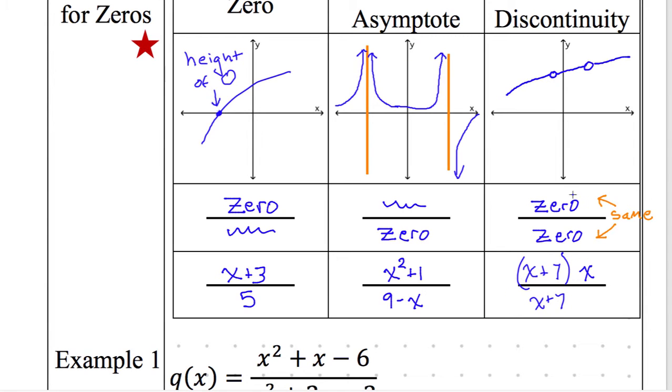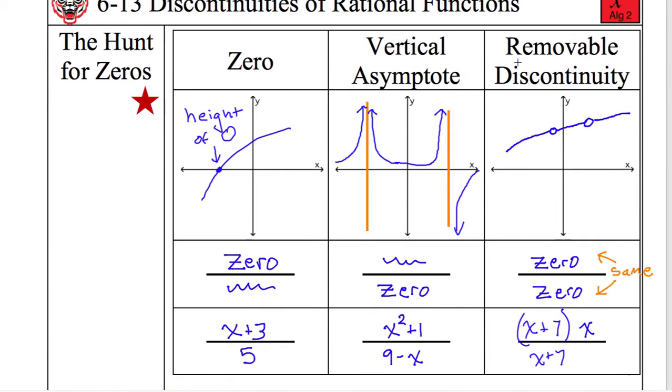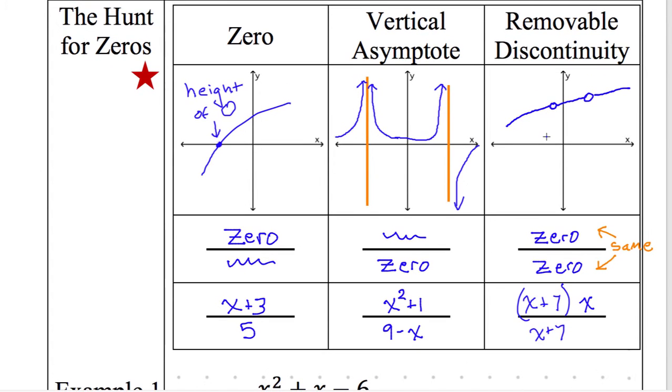Well, canceling them out is the same thing as removing that value, as in a removable discontinuity. You're allowed to do that. It just means that I have a removable discontinuity at what x coordinate? Negative 7. Yeah, that's where I get my 0.